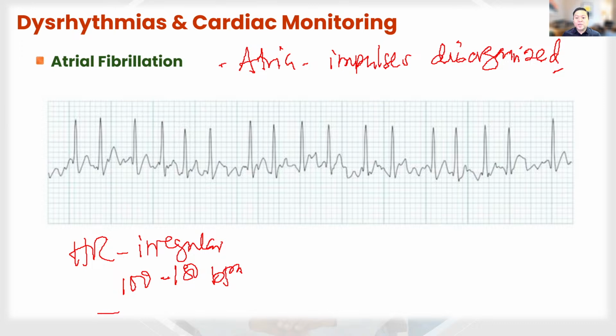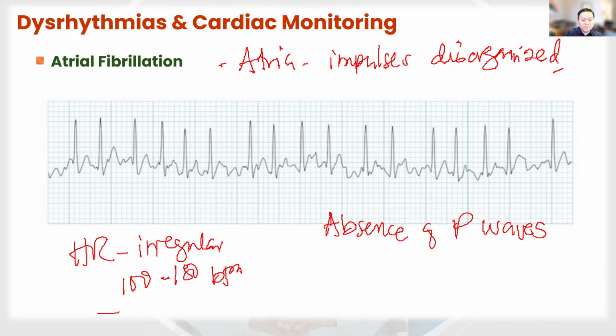Now, when you are seeing a patient's EKG with AFib, please take note, guys, that there will be absence of P waves. All right. So you will not be able to see that one. Okay. Now the R intervals will become irregular.